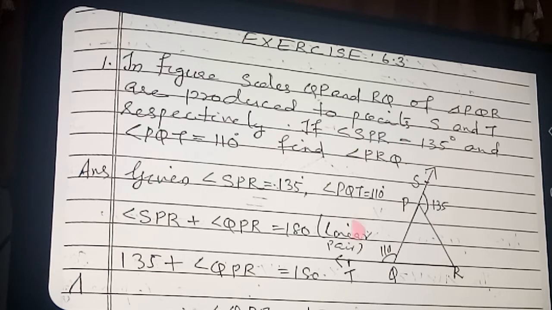See the diagram. First, look at the sides of the triangle: PQ, QR and PR are the sides of the triangle.